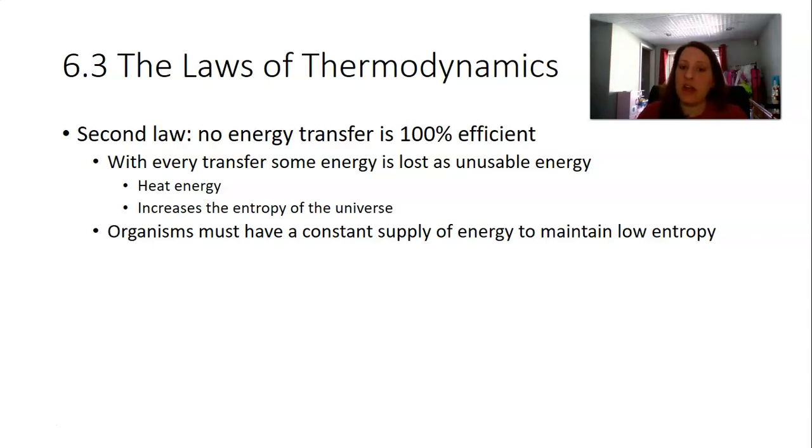Instead, some of that energy gets lost as unusable energy. Energy that dissipates is usually let off in the form of heat, and we say that that energy is going to increase the entropy. And when I think of entropy, I think of disorder of the universe or unusable energy.